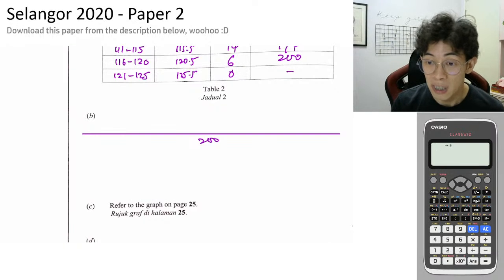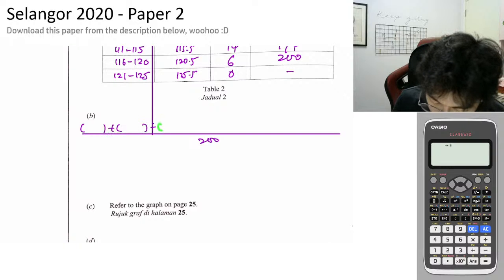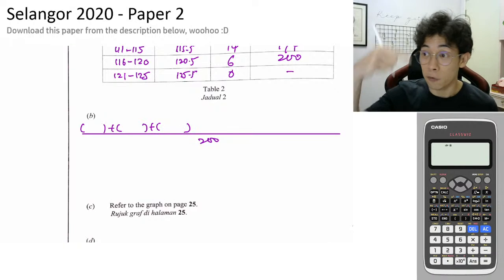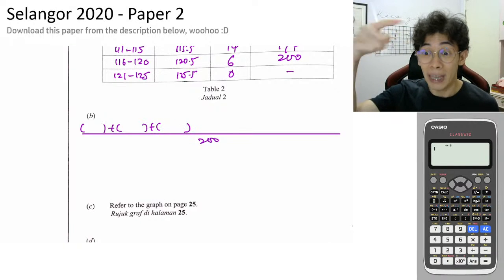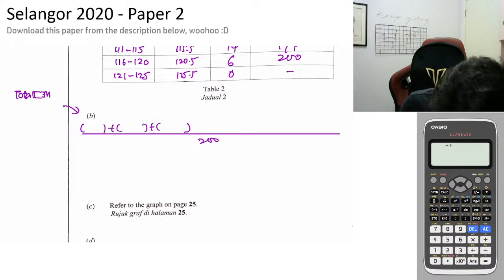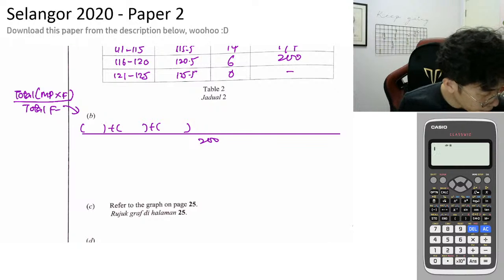I will put all the information inside, everything from the frequency polygon table. I repeat, your estimated mean is the total of midpoint times frequency, divided by total frequency.